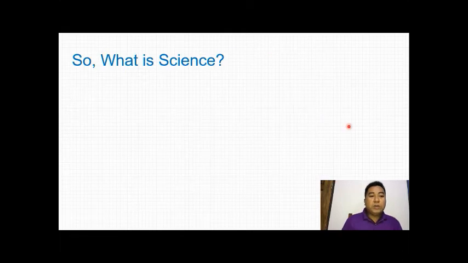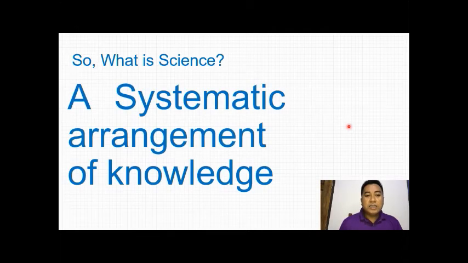Okay. So what is science, to be exact? I have been a science teacher for 3 years and more, and I have studied science as my major, and I have arrived at a much simpler definition of science. Science is a systematic arrangement of knowledge. So what does this mean?